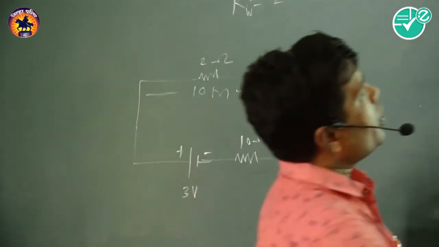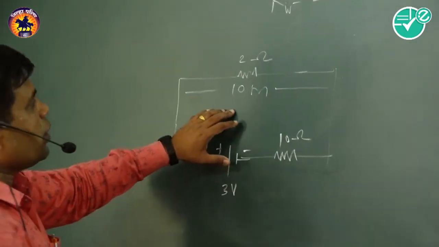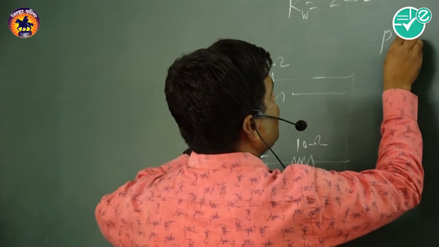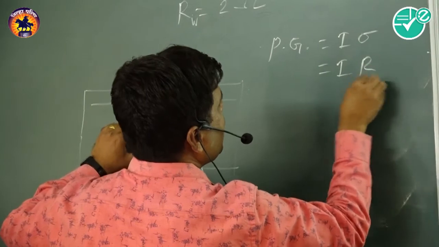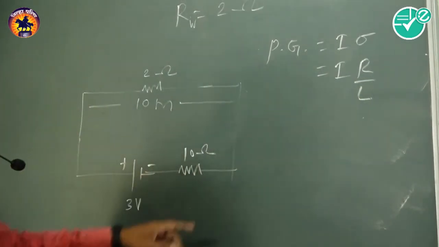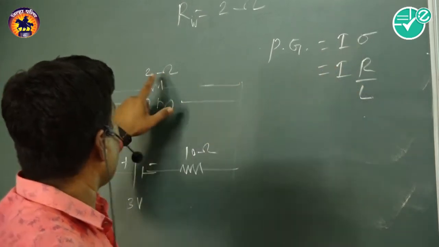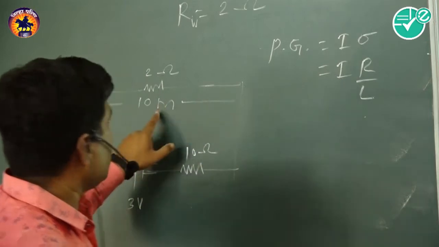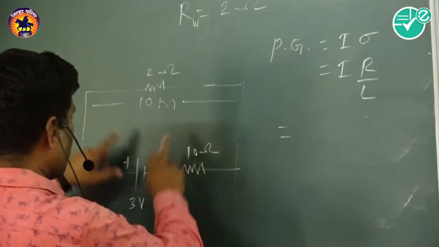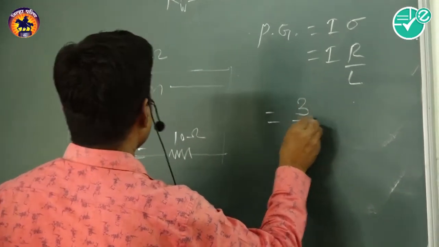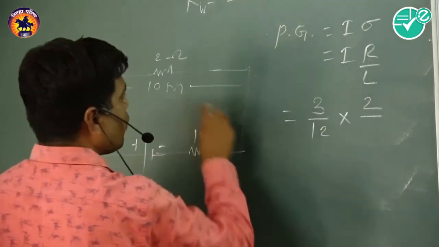So the potential gradient along the wire in volt per centimeter. To calculate the potential gradient, you have to know the formula, that is I into sigma, that is I into R by L. Here the resistance of the wire is 2, length is 10, but you have to calculate the value of I. So I is equal to total voltage of the circuit, 3 volt, divided by total resistance, 12.